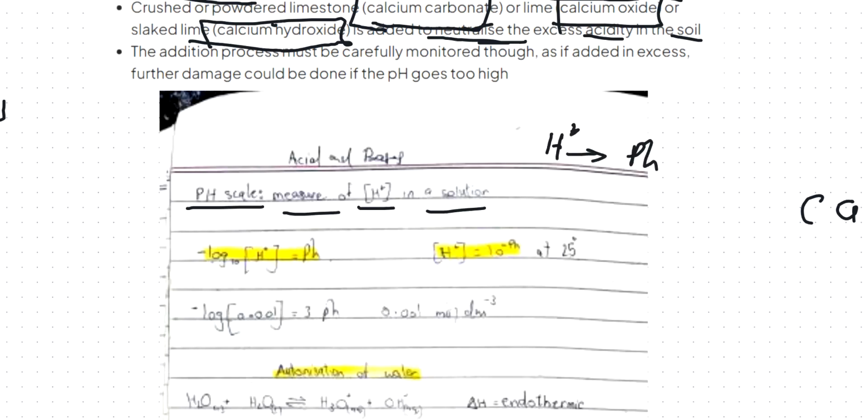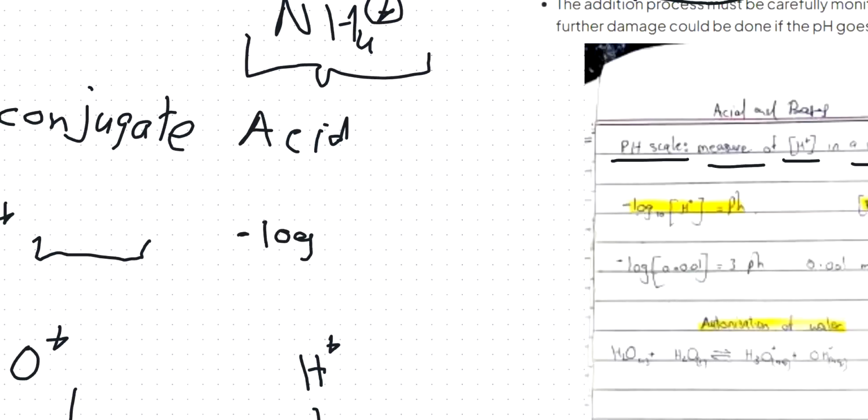The formula for finding the pH is negative log to the base 10 of the concentration of H plus ions. You don't have to actually memorize this formula.